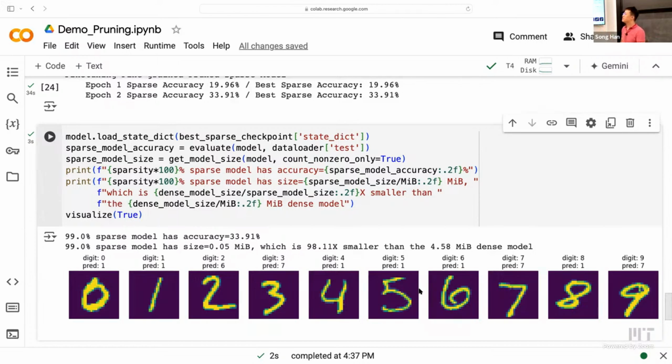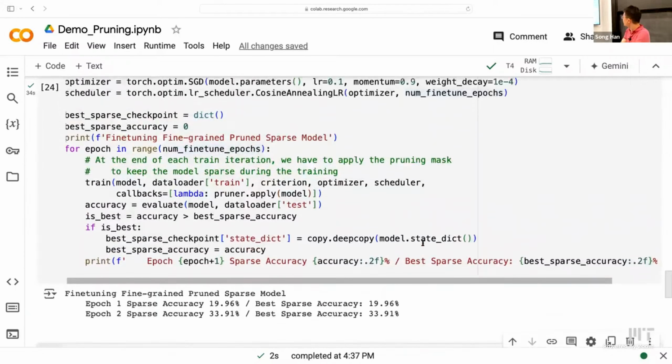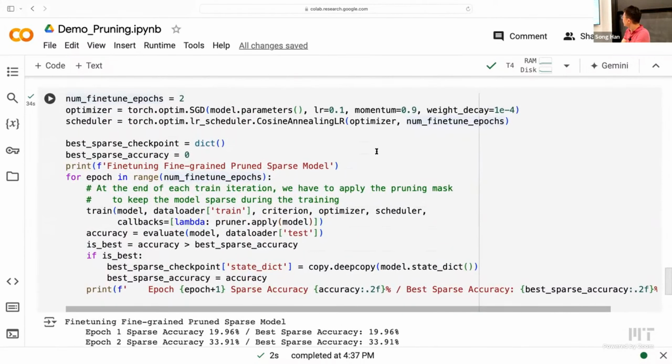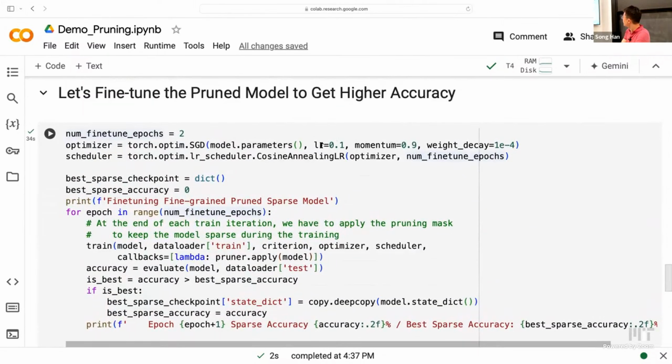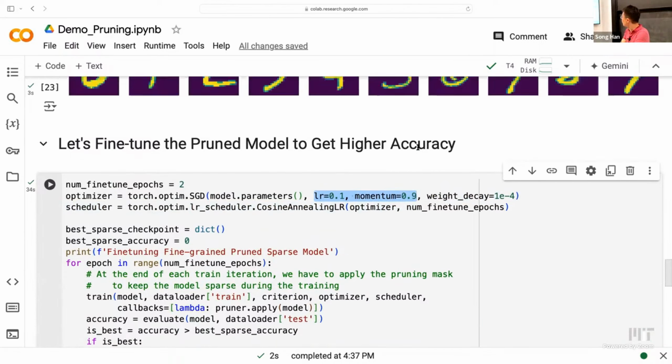Question? The question is, what is the difference between the initial training and the fine-tuning? For the fine-tuning, we train for 2 epochs with learning rate 0.1, momentum 0.9, and rate decay E-4.